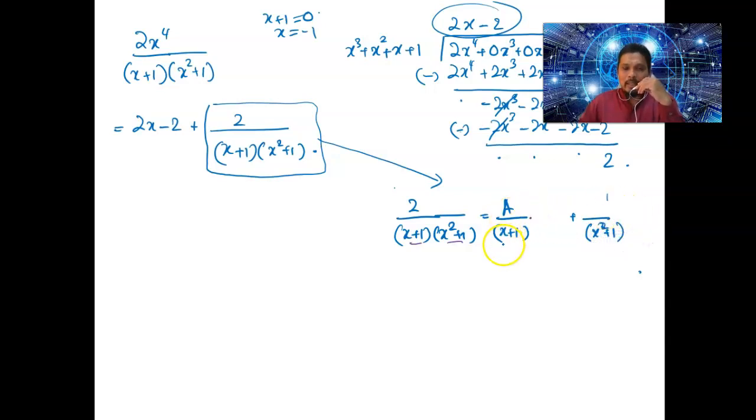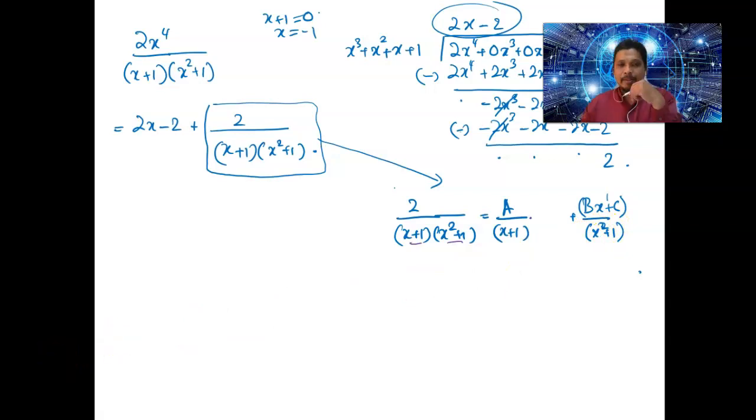Now the denominator of the first partial fraction is x plus 1, so above it we come up with an a. But in this case, the denominator is x squared plus 1, so above it we come up with a degree of x lesser by 1 than this. So we're going to come up with bx plus c.